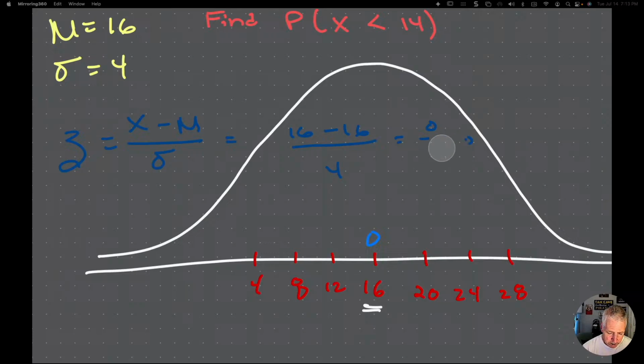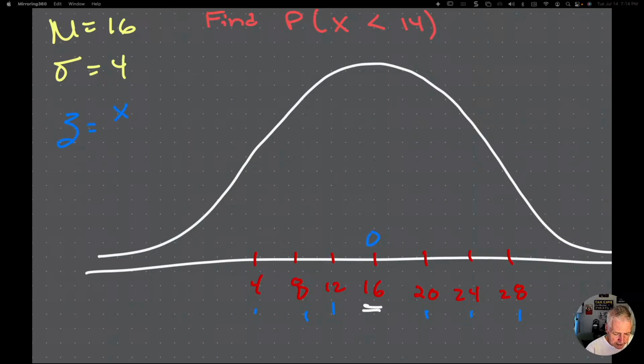When you're at the mean, you're 0 standard deviations away. Okay? So let's do this with the other pieces. Let's go here, here, here, here, and here. We're going to find these z-scores. Again, because I went out one standard deviation each time, it's going to be 1, 2, 3, minus 1, minus 2, minus 3. However, let's just walk through it.